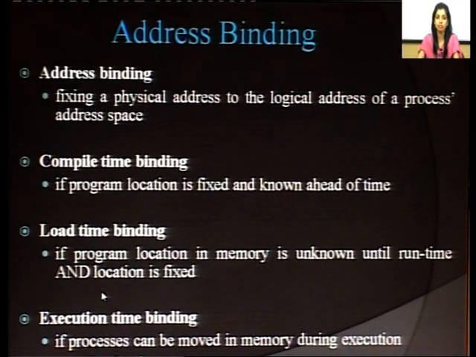That means if the binding is delayed until load time, that is load time binding. If the program location in memory is unknown until runtime and the location is then fixed, that is load time binding. Execution time binding is when the process can be moved in memory during execution. That means binding is delayed until execution time.